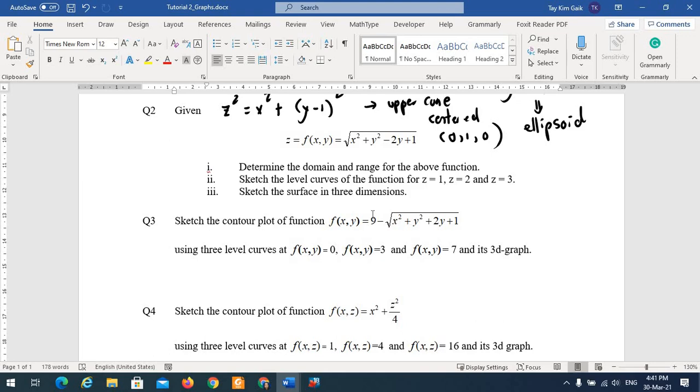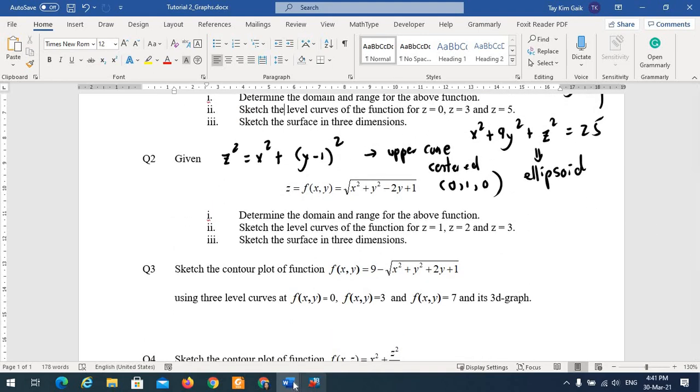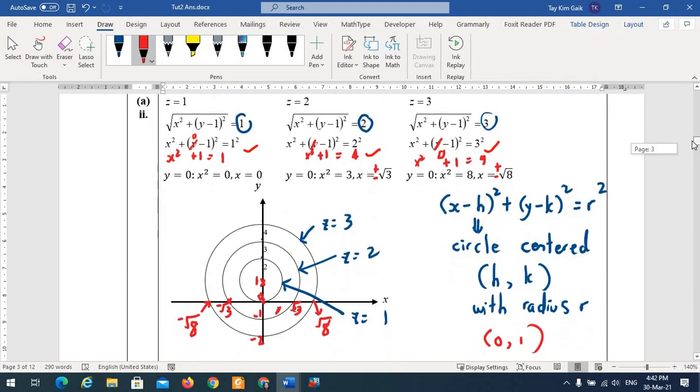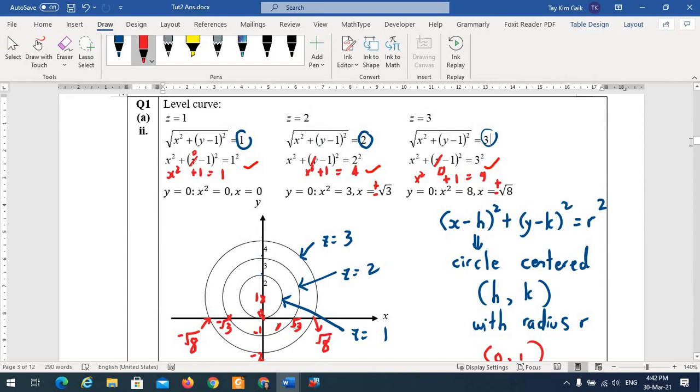Total slow sikit. What is slow? Slow where? Betul. Yes.